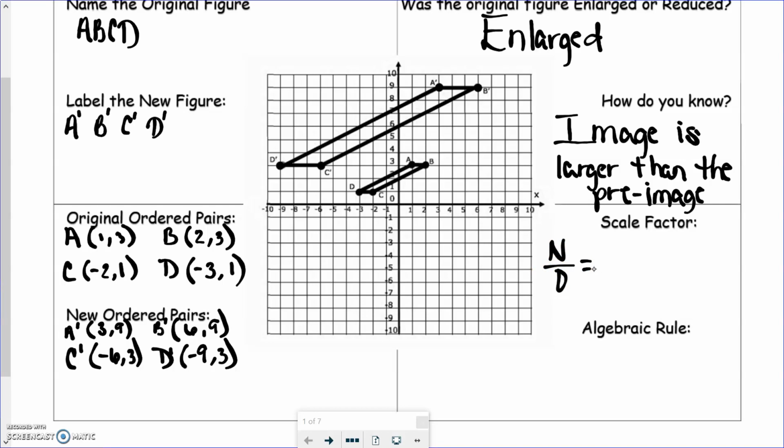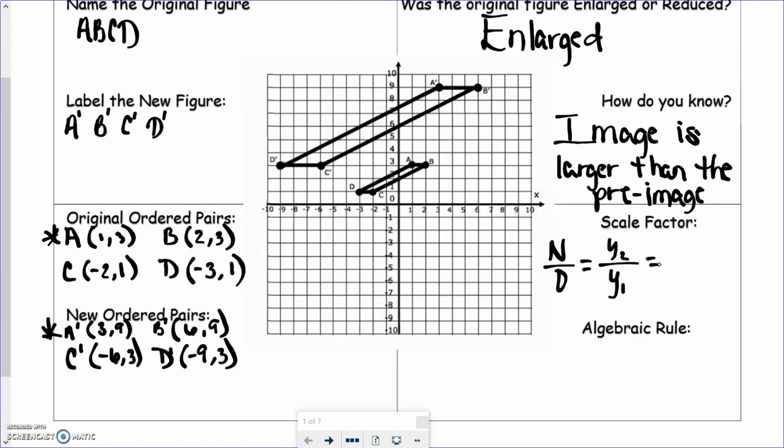So let's take A and A prime, and let's use the Y value. So we're going to do Y2 over Y1. So that's our new Y value over our old Y value.